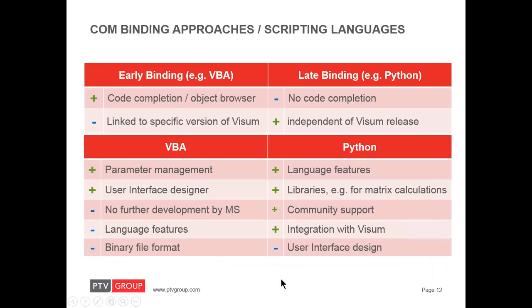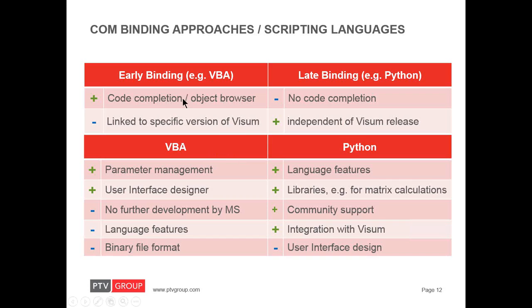Okay, so comparing these two approaches, early binding and late binding. Early binding is very popular in Visual Basic for applications. Late binding is mostly used in Python. There are actually ways to exchange the two, or to do early binding in Python or to do late binding in VBA as well, but it's not that common.